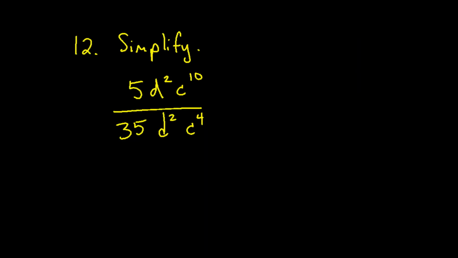Number 12 is another exponents problem in which they want us to simplify this fraction. We could simplify the 5 over 35 by dividing both of these by 5. We would get 1/7. d squared and d squared are the same because they're both d times d, so both of those will cancel out to basically be 1s, and subtracting the exponents down, so 10 minus 4, which is c to the 6th.